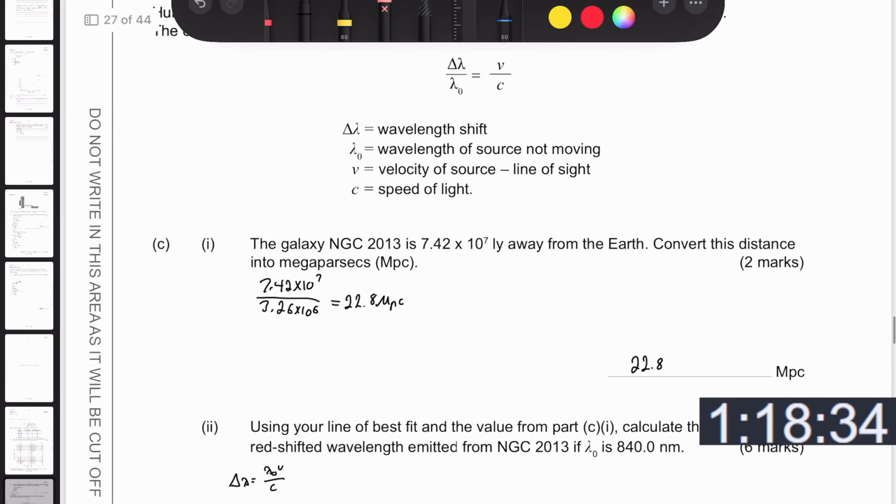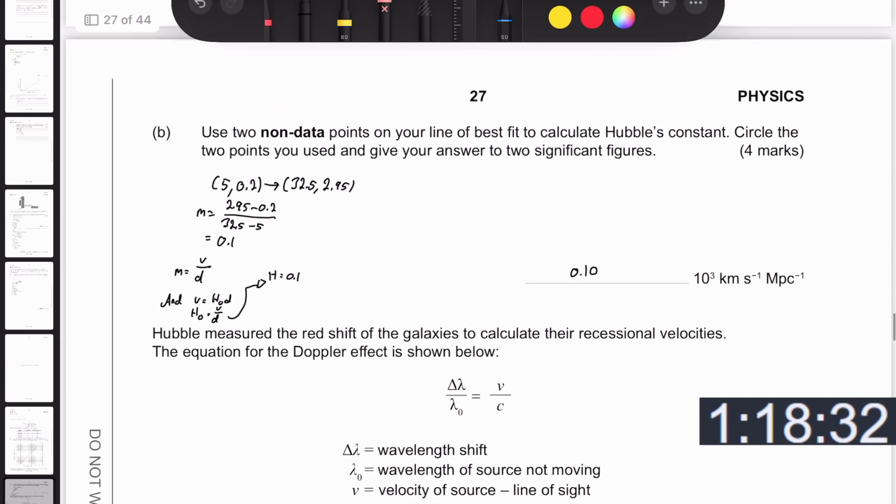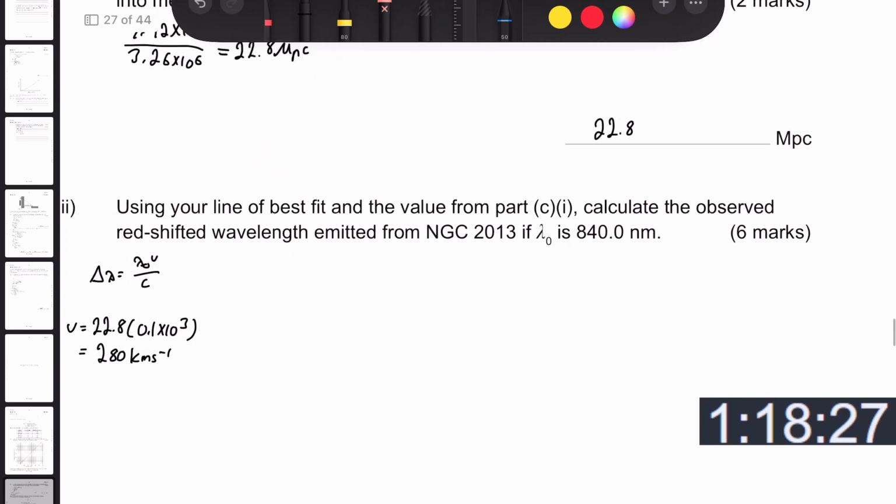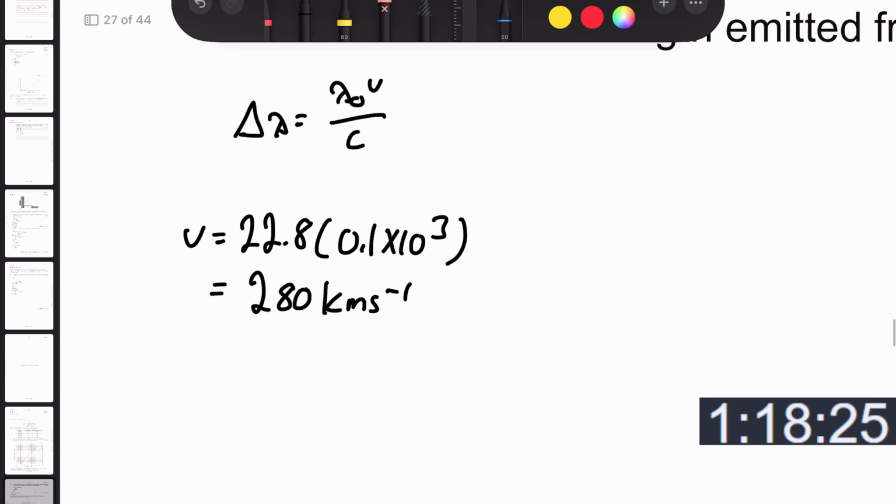Now it looks like this has to be in meters per second, so that is 2.80 times 10 to the power 5 meters per second.